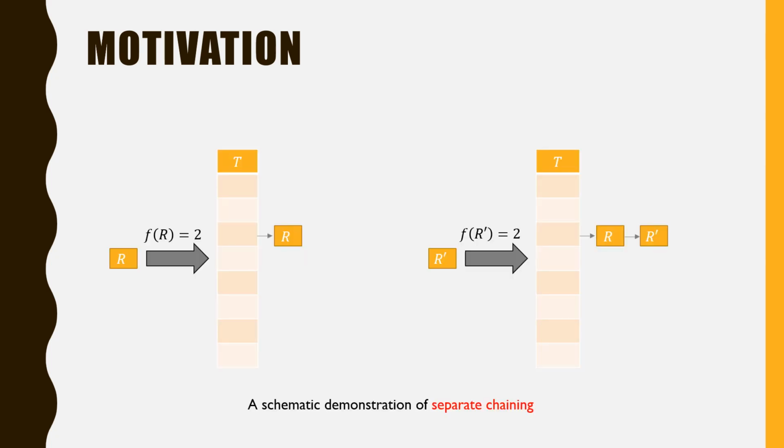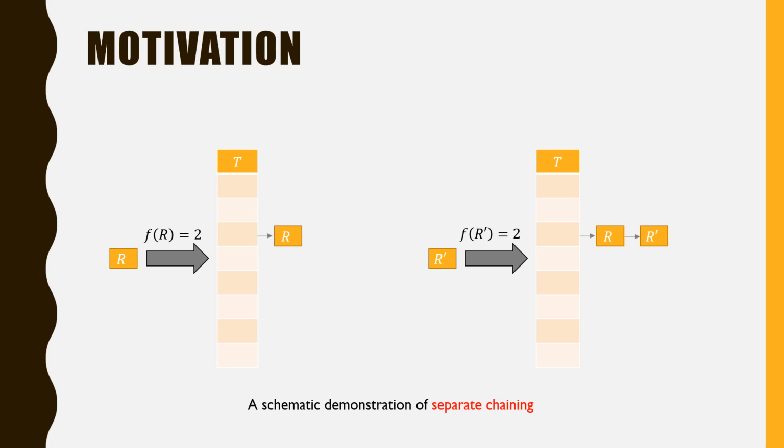To be more precise, recall how we handle collision with separate chaining. Here, we first have a record R that comes in. We apply the hash function f to R and get a resulting hash value of 2. In this case, we store the record R into the location T2.